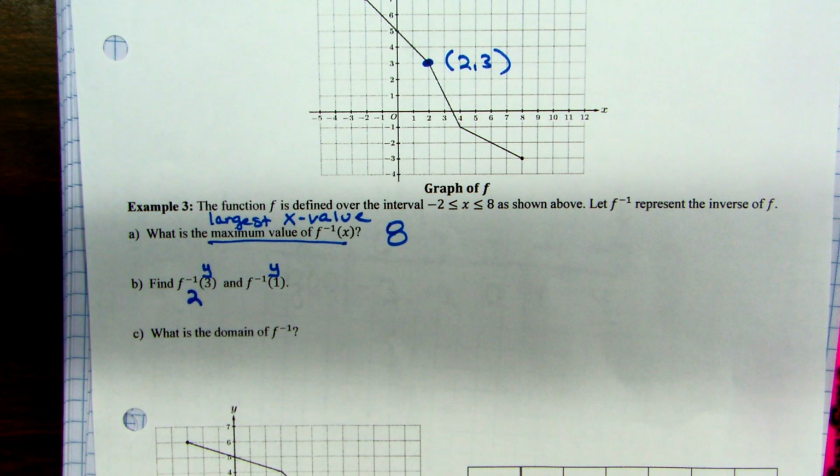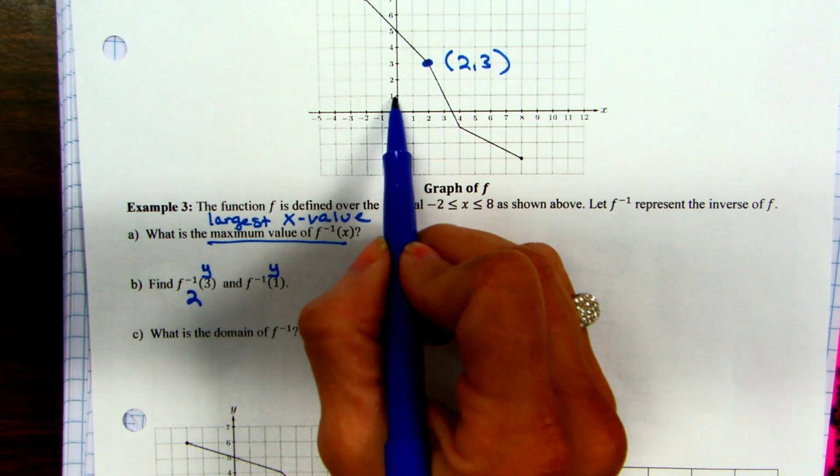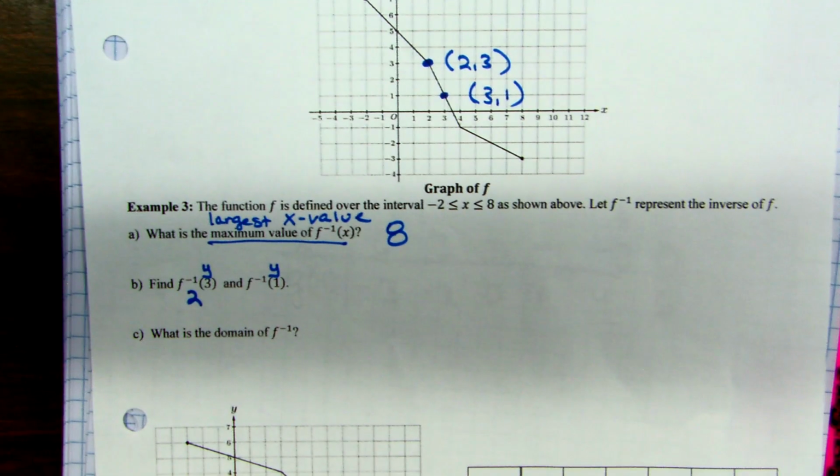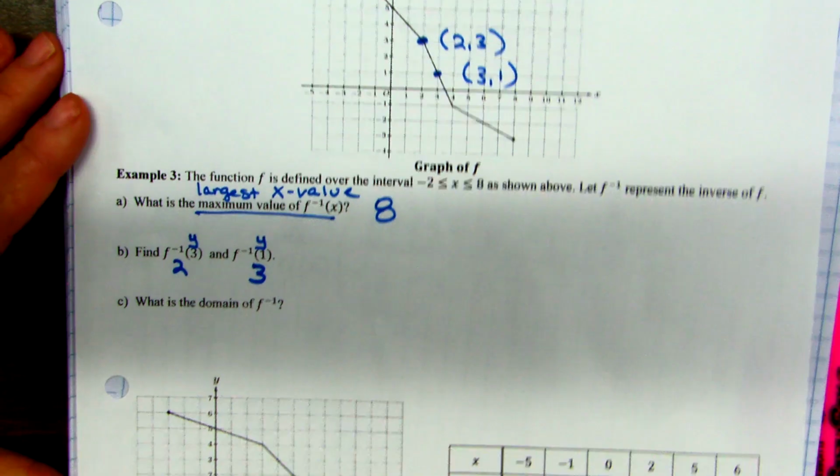Okay. When y is 1, x is 3. It's really about knowing the notation. The math isn't hard. You don't need a calculator for this. No work to show. Not adding, subtracting, not doing anything. You're just understanding the notation.